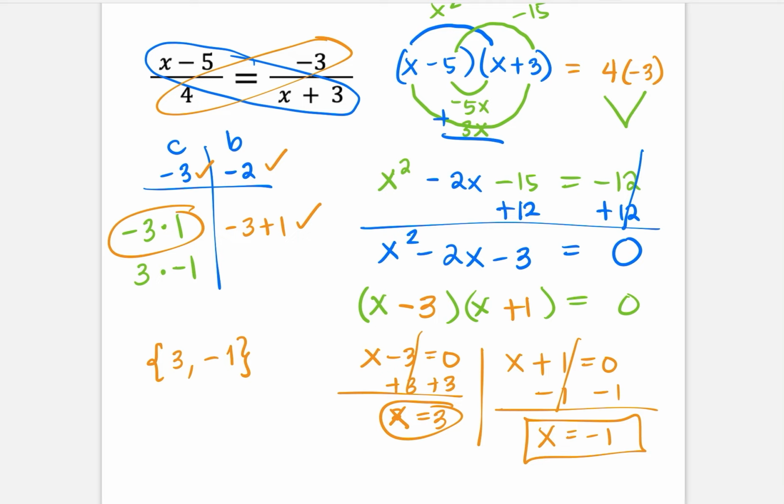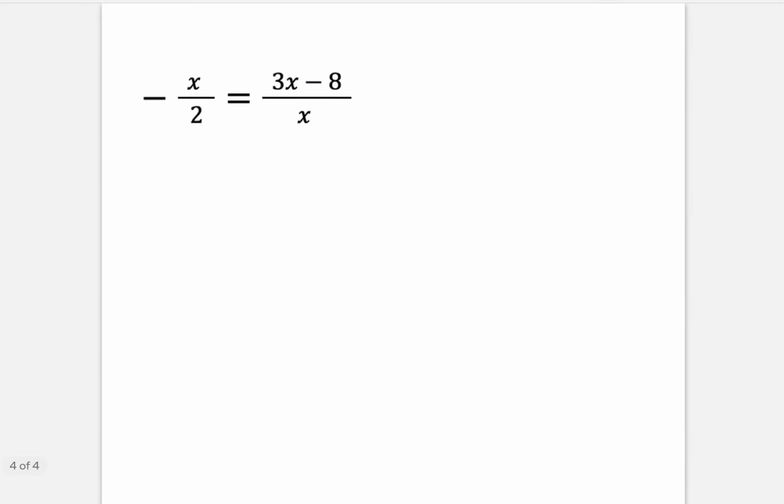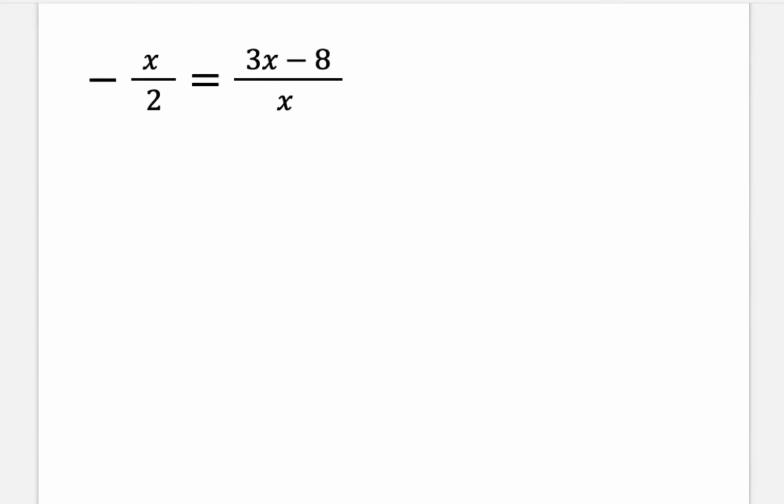Let's try another problem. Okay, so we're going to multiply these two together, and so that would be, I'm going to take the negative sign with the 2. So there's a negative sign here. I'm going to bring it over in the denominator. So I'll do negative 2 times 3x minus 8.